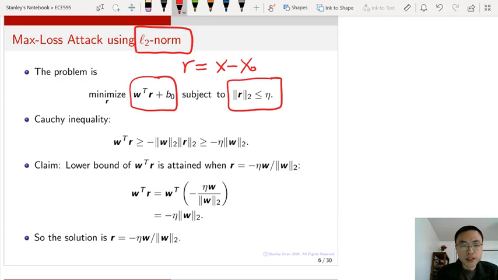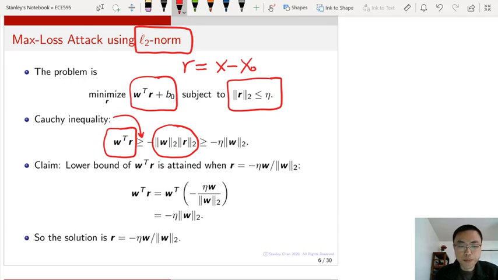The Cauchy inequality says that the inner product of w and r is lower bounded by the negative of the product of the 2-norm of w and the 2-norm of r. This is true by the Cauchy inequality.